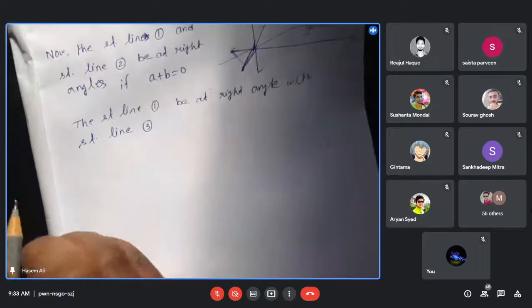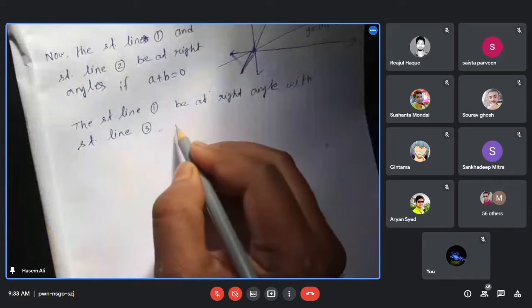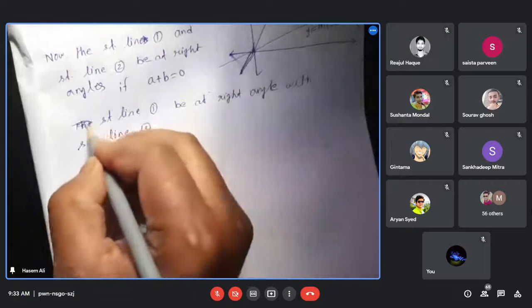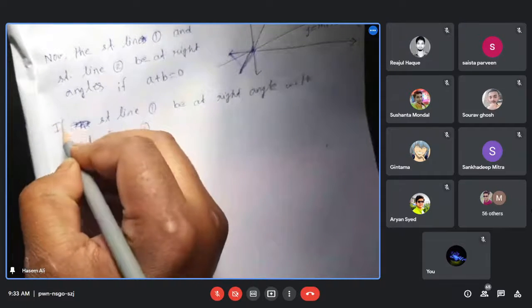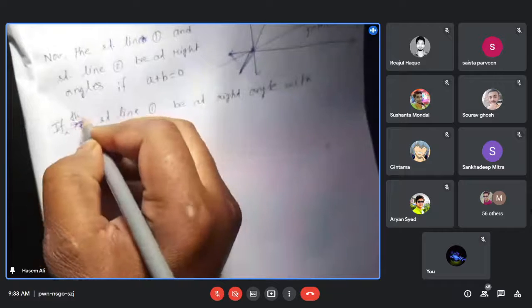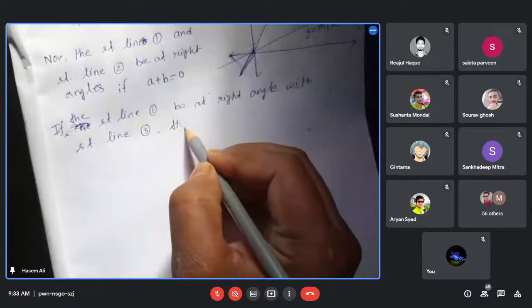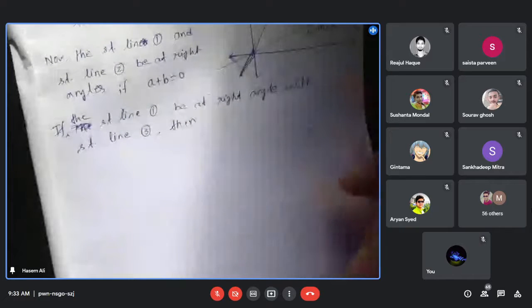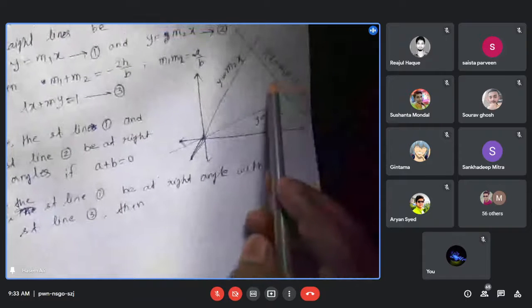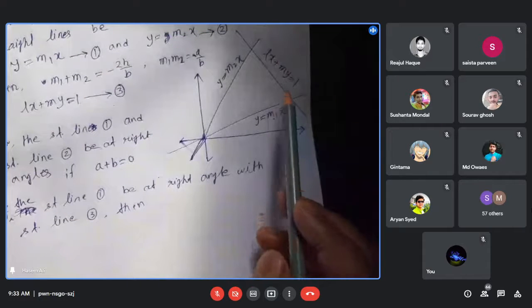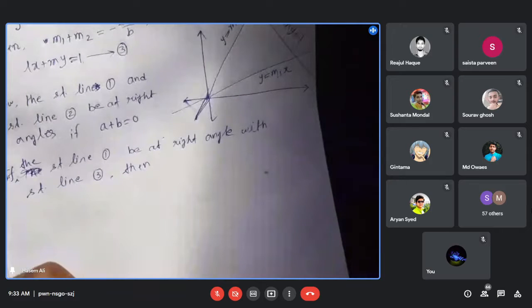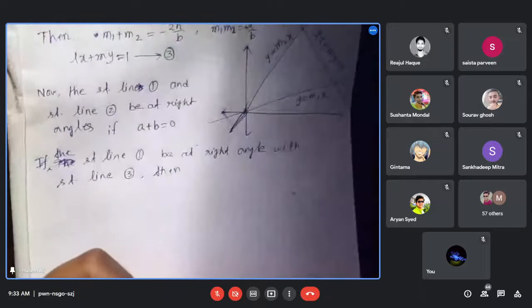If the straight line is at right angle with straight line 3, then the condition is, for straight line 1, that means m1, and what is the gradient of the straight line 3?